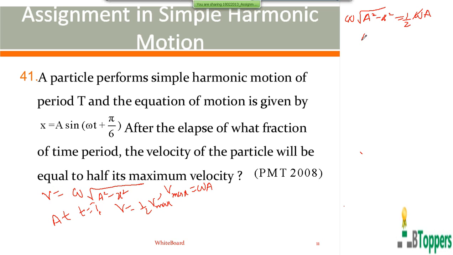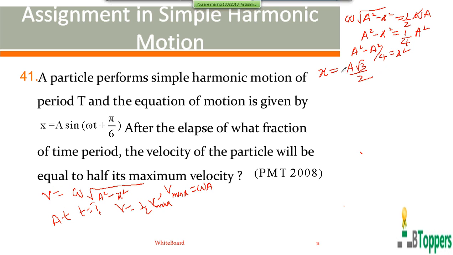Omega will cancel; squaring both sides, a square minus x square is equal to 1 by 4 into a square. This you can simplify. That means velocity becomes equal to half of the maximum value when x equals plus or minus a root 3 by 2.